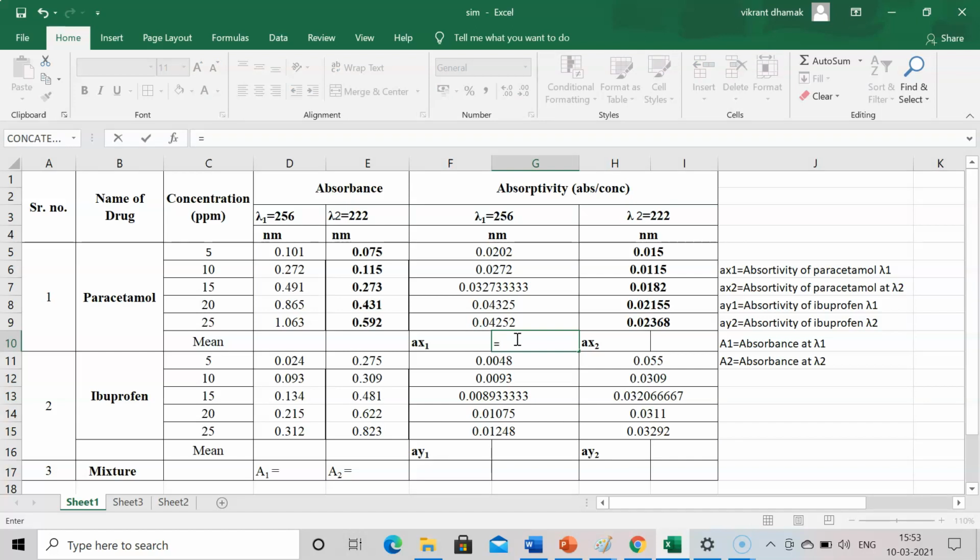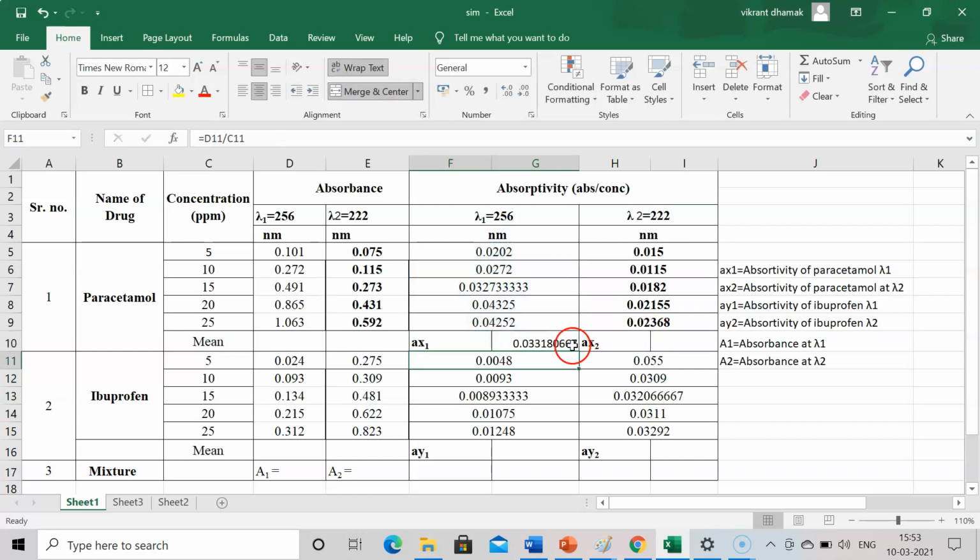Press the equal sign on the keyboard, type average, so you will get this average over here. Press on that average and now select the cells from where you need the average, and after that press enter. So now you have got the value of AX1.